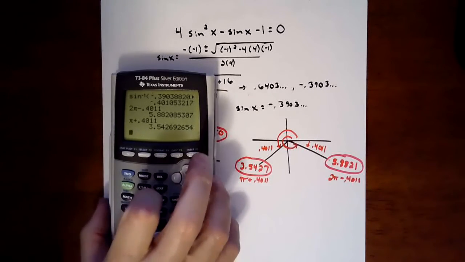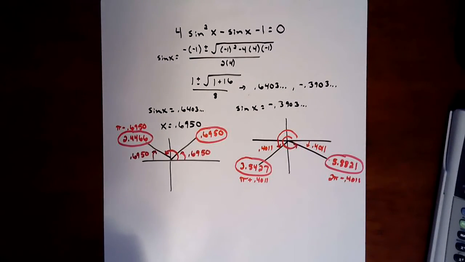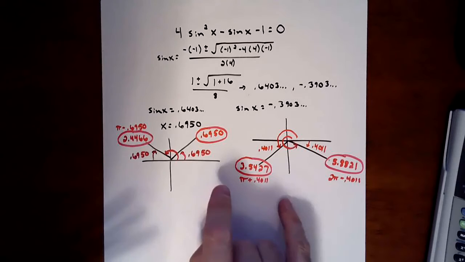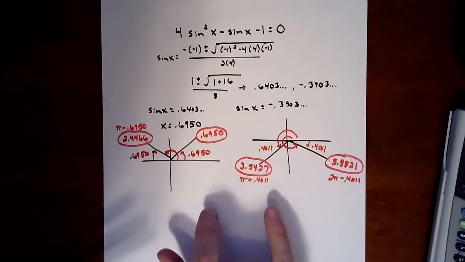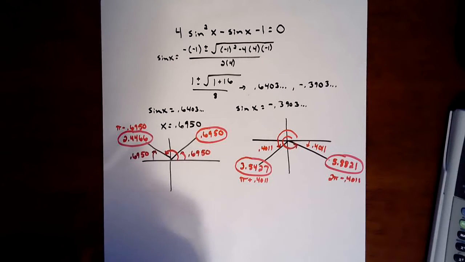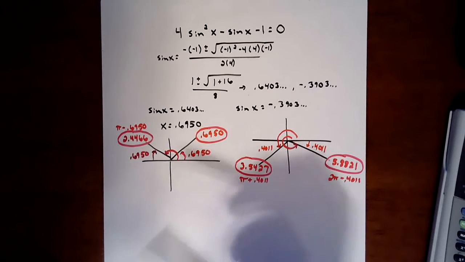So those are our 4 angles. Because they don't give you a range, they don't say that your angles need to be between 0 and 2 pi, or 0 and 6.28, they want you to generalize to the infinite number of solutions. Basically, it repeats itself every 2 pi.